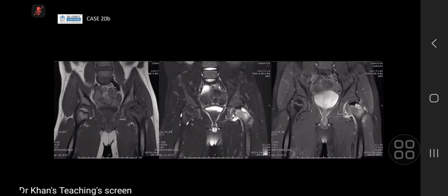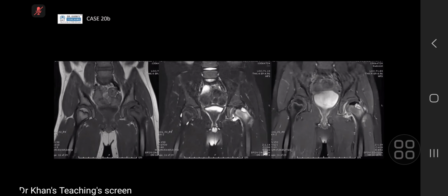Are you adding more to your diagnosis, or are you keeping with the same diagnosis? No, I want to change the diagnosis because this doesn't look to be avascular necrosis. This looks to be a T2 hyperintense area in the neck of the femur with surrounding edema.